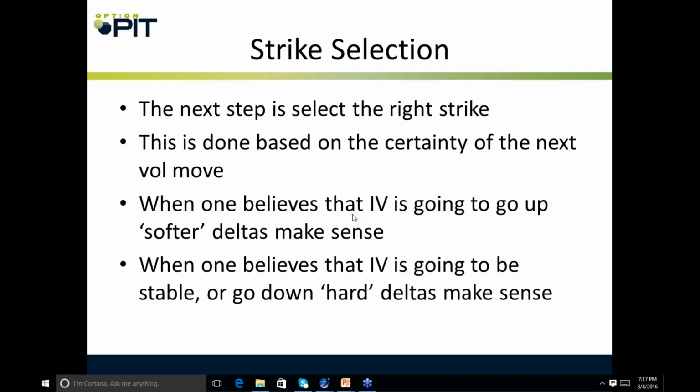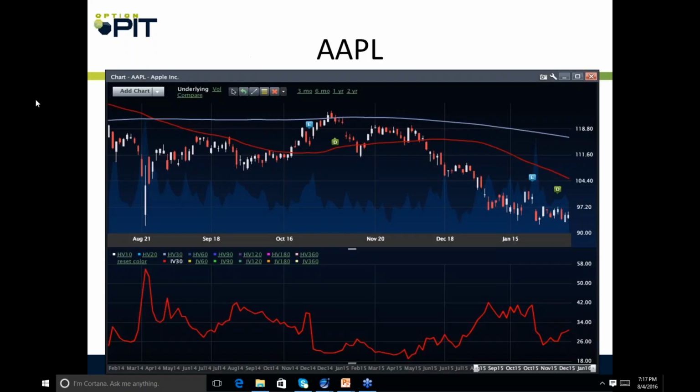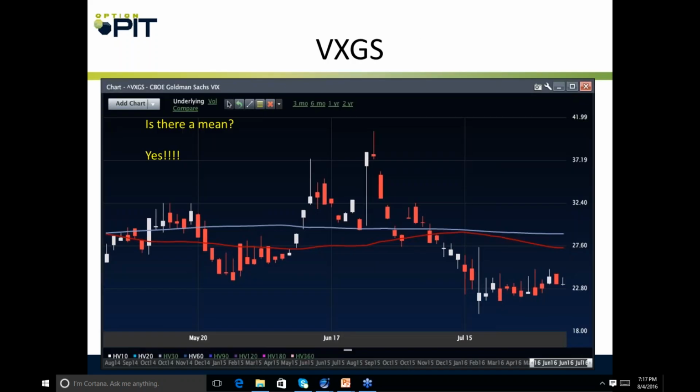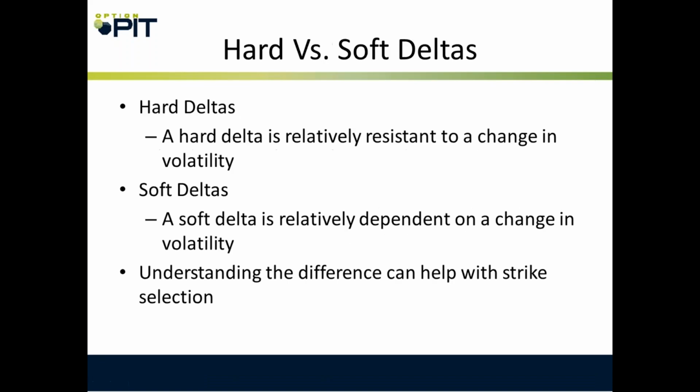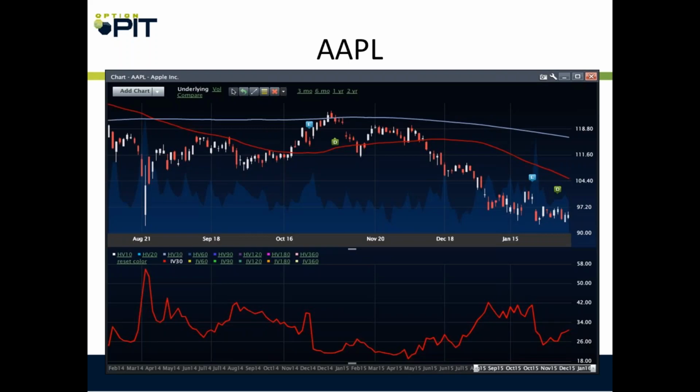A soft delta is out of the money, and a hard delta is at the money or in the money. Hard deltas are relatively resistant to change in volatility. Soft deltas are dependent on changes in volatility.